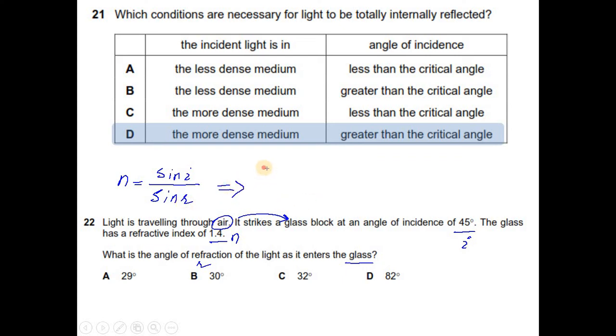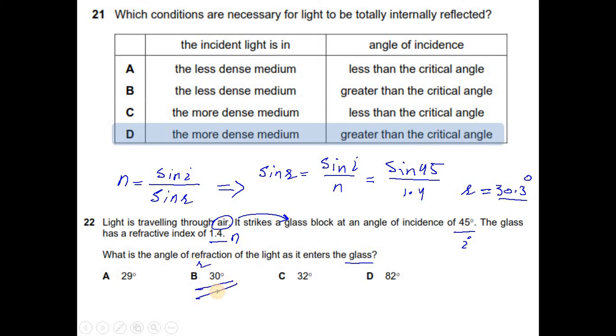So you have sine r is equal to sine i divided by n, and that is sine of 45 divided by 1.4. If you solve this number and take the inverse of the sine, r would be equal to 30.3 degrees. So you round this off to 30, so your option is B.